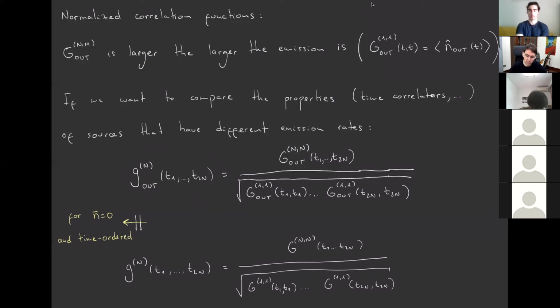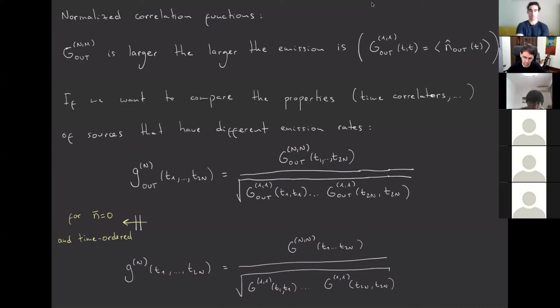Okay, so then what we will see now is that, for example, whenever you have sources that satisfy that all these correlation functions, g of order n, are equal to 1 for all times, then this tells you that no matter what the emission rate of your source is, it is emitting coherent light. So it's a laser-like kind of emission.